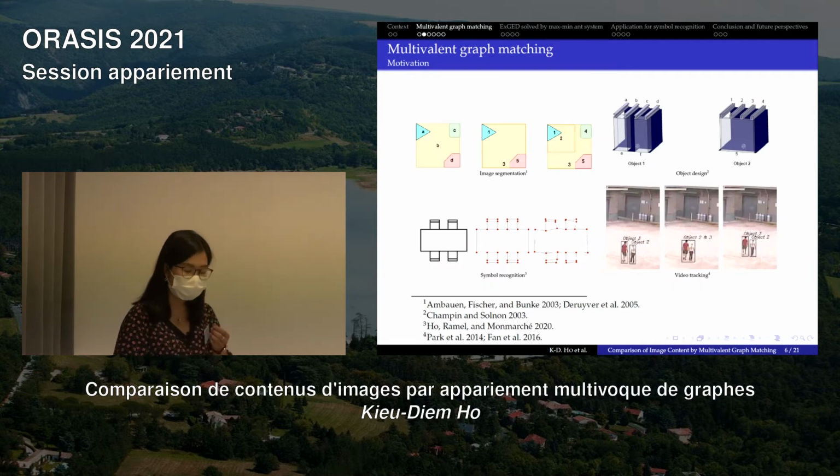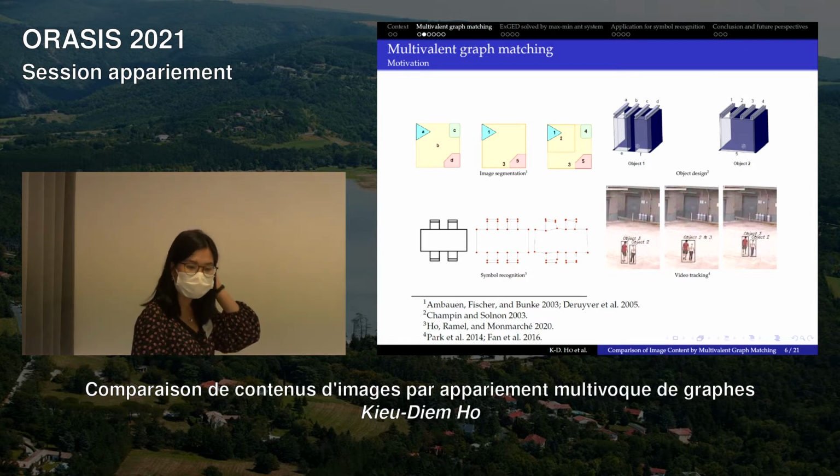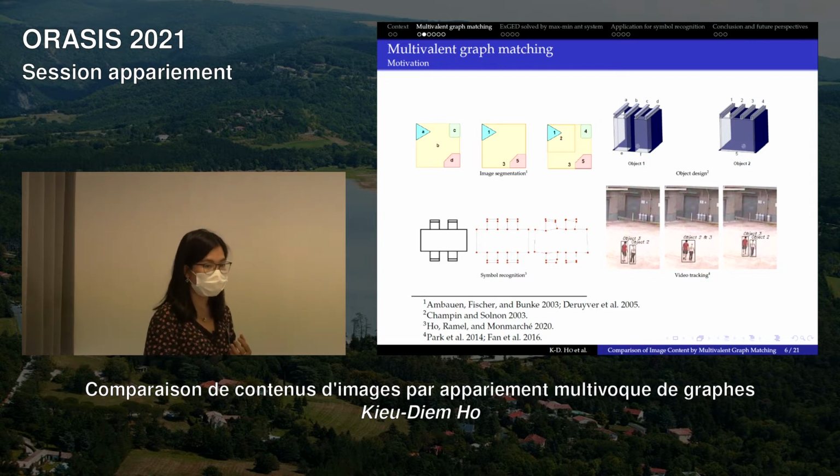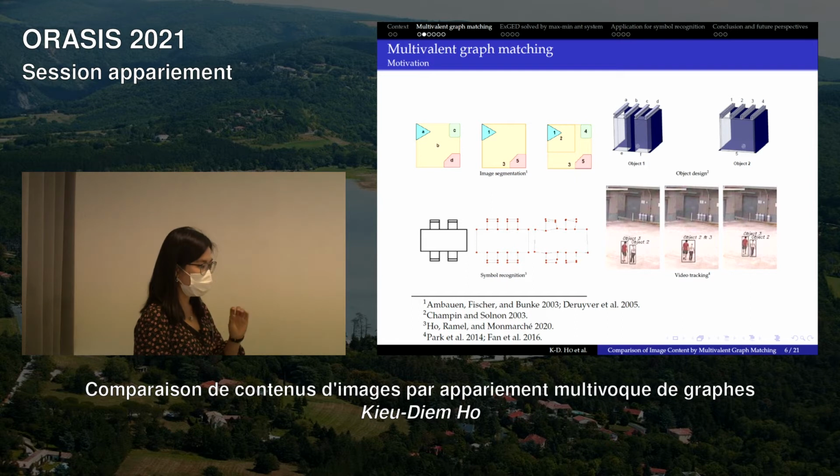So why do I consider this kind of problem? In fact, in computer vision, we can deal with a lot of problems related to multivalent graph matching. For example, in image segmentation, you can have under-segmentation or over-segmentation. In this case, the one-to-many or many-to-one mapping will give you a better result after a post-processing step after the segmentation.